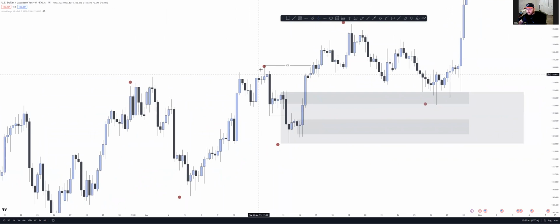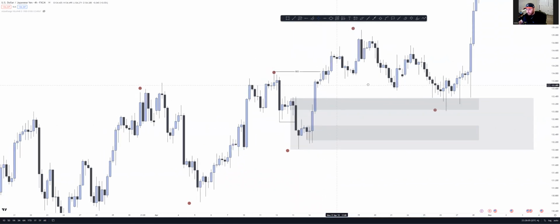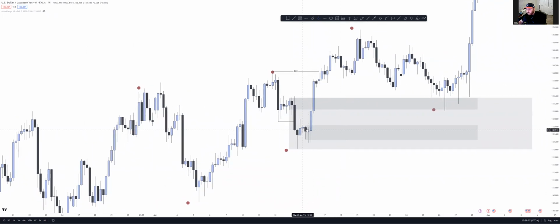As you can see here, we were trending bearish. Price got to this area and started creating higher lows. Right in this contrary candle is where all the orders came in to move price to the upside. Why is that the last contrary candle? Because this is the last bearish candle before the bullish move.